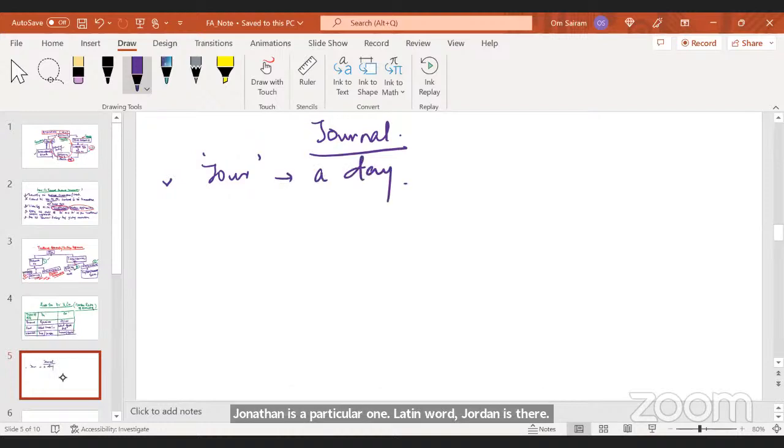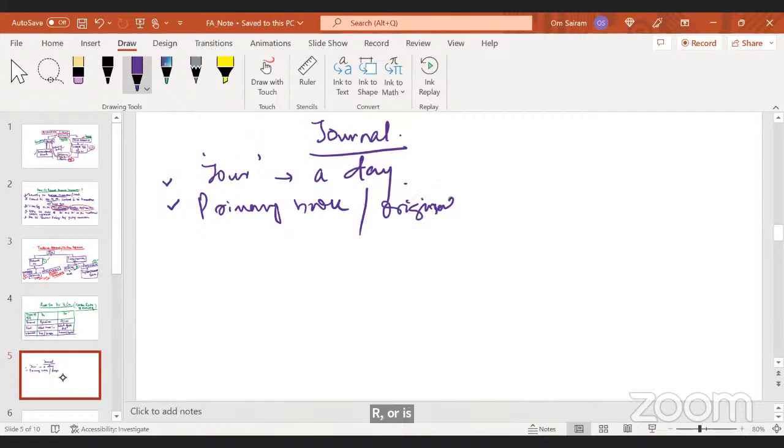The transactions of a particular day that we record in a book is known as the journal book. This is otherwise known as the primary book or original entry book.